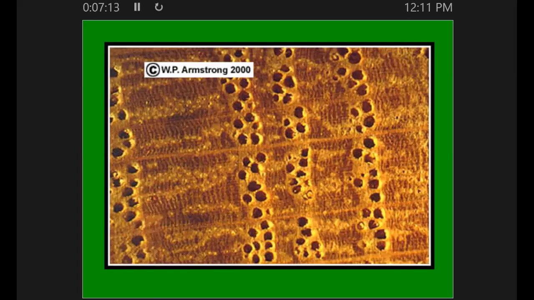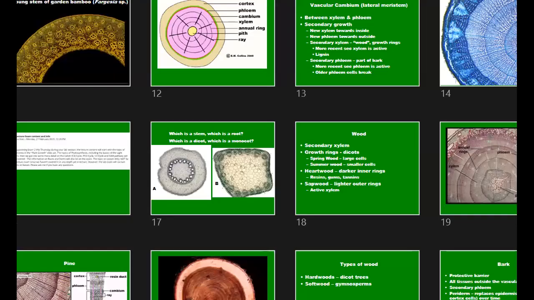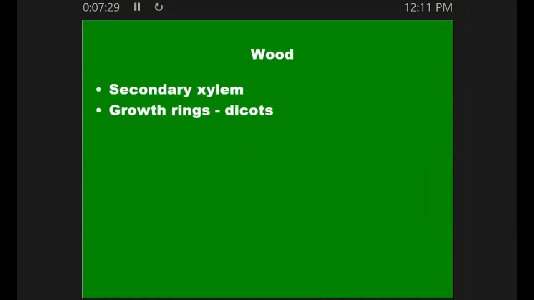So angiosperms will also factor that in. They will be paying attention to the water conditions and decide, so to speak, should I put down vessels or should I put down tracheids? So that's all the secondary xylem. So when someone's talking about the wood of the tree, it's really the secondary xylem that they're thinking about.